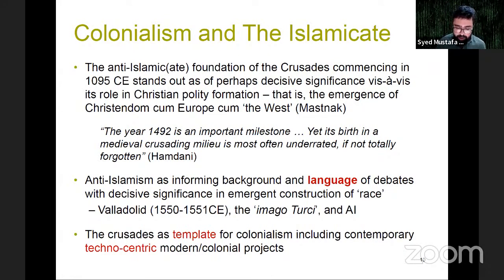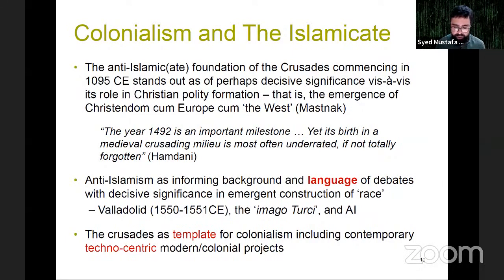I suggest that while decolonial scholars such as Nelson Maldonado-Torres have not forgotten the crusading milieu, they have underrated its importance vis-a-vis thinking about modernity/coloniality, and that this underrating is due to a mistaken conception of the paradigmatic relationship between Christendom and Islamdom, that is, the spatial political abode of the Islamicate.